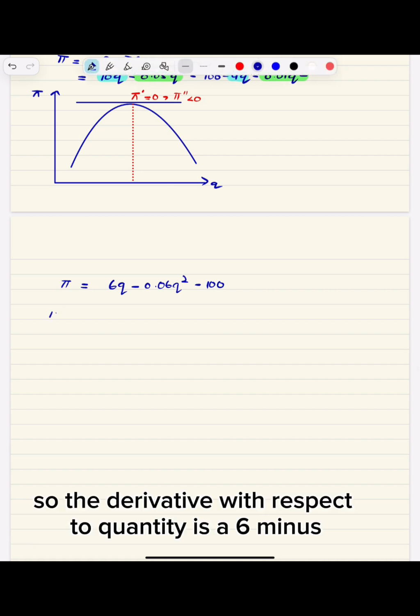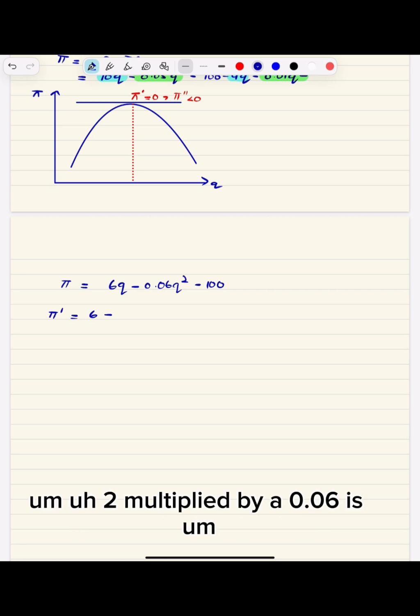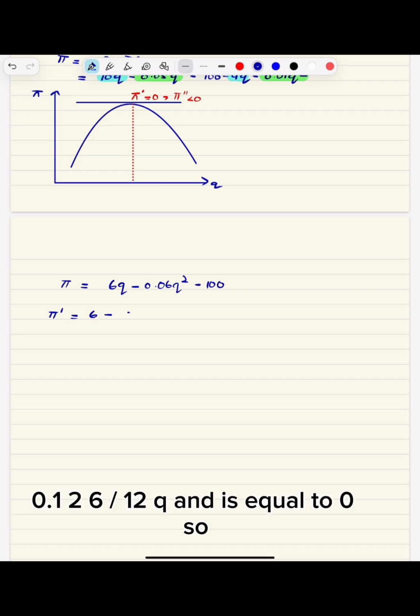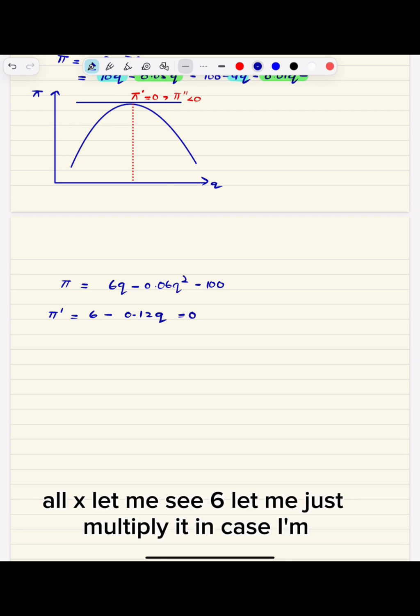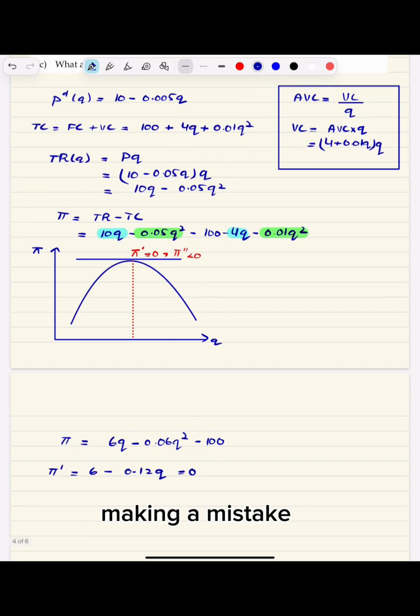So the derivative with respect to quantity is 6 minus 2 multiplied by 0.06, which is 0.12Q, equal to 0. Let me just multiply it in case I'm making a mistake.